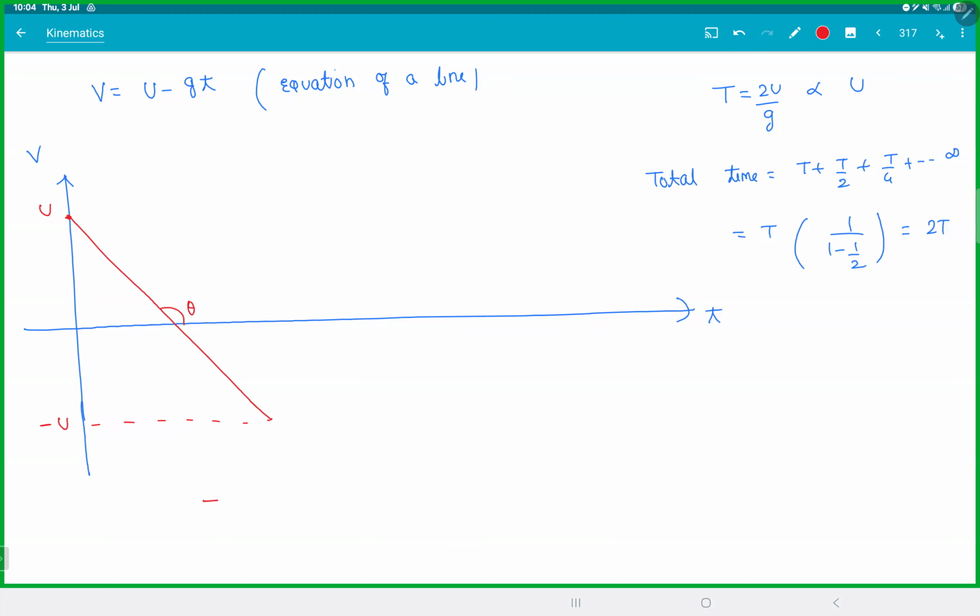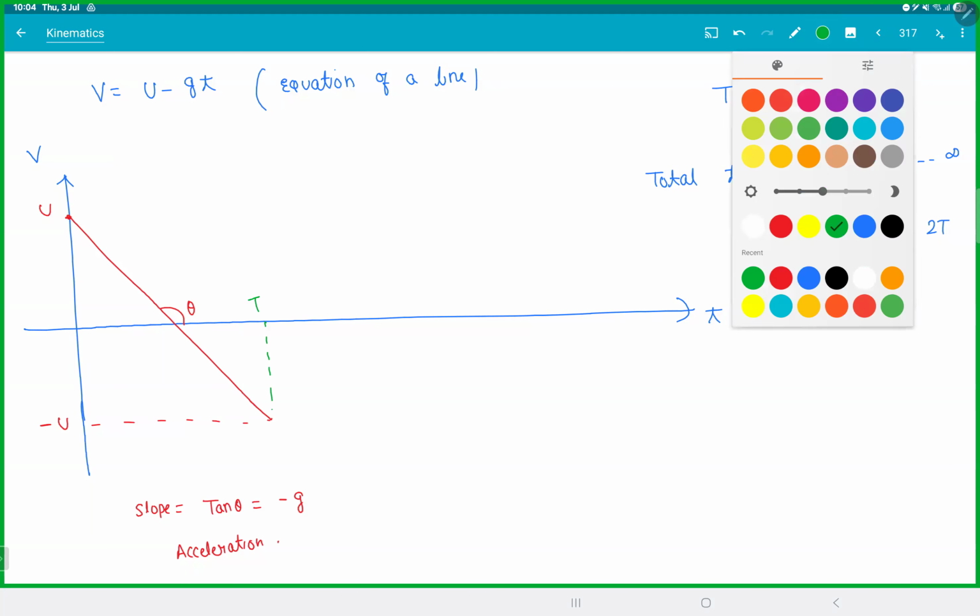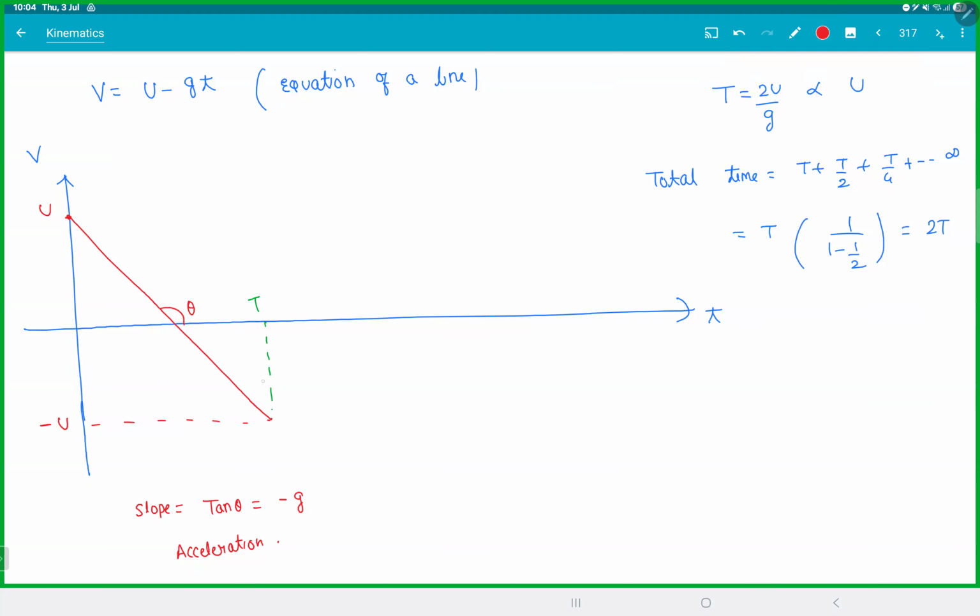In a VT graph, the slope is acceleration, which is minus g. Now what happens when the collision happens? This time is T. After the collision gets over, immediately the ball will bounce upward. The speed becomes U by 2. So the graph starts from here. You're getting a discontinuity in the graph.